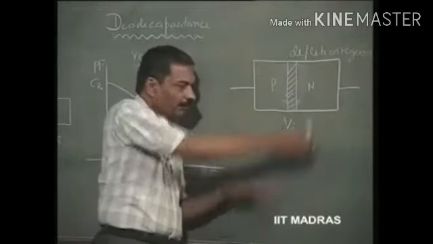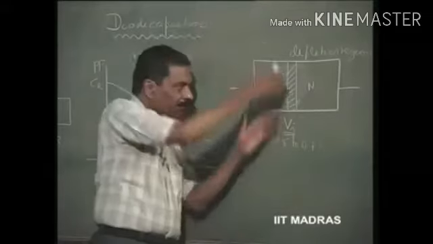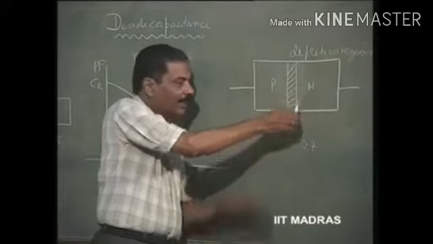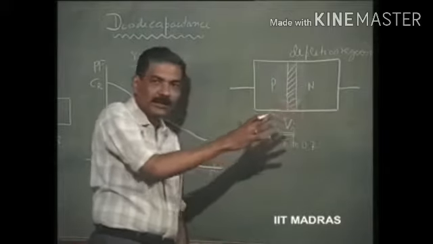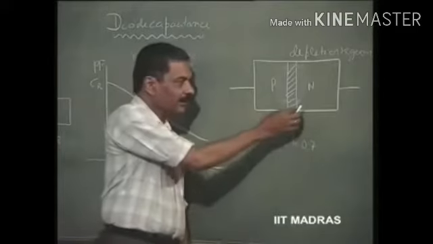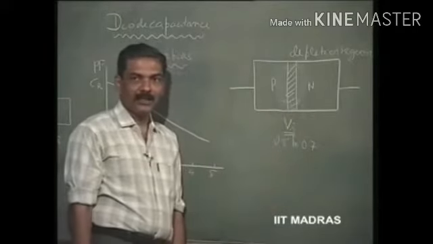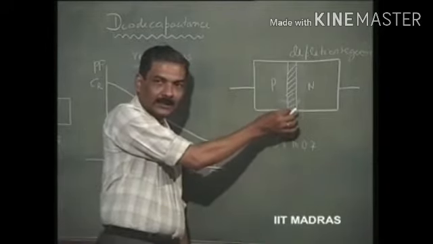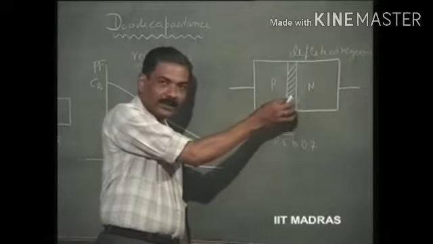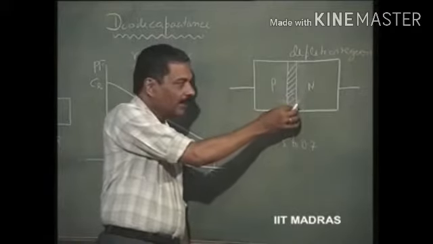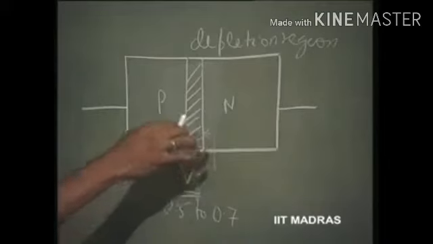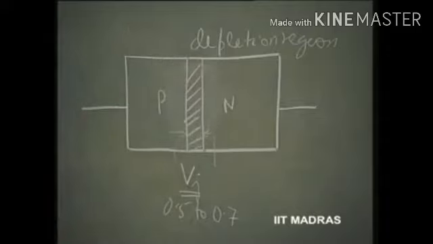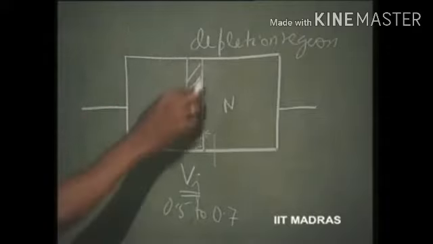The reverse bias will help this potential hill to increase. That means more area gets depleted of carriers, and this region widens. So, this depletion layer width is dependent upon the bias. When it is forward biased, the depletion region width decreases enormously, and when it is reverse biased, it increases.